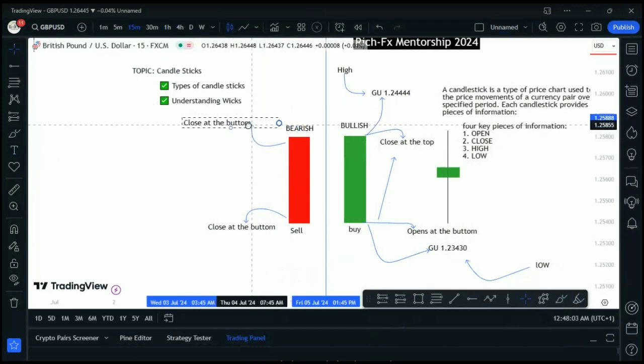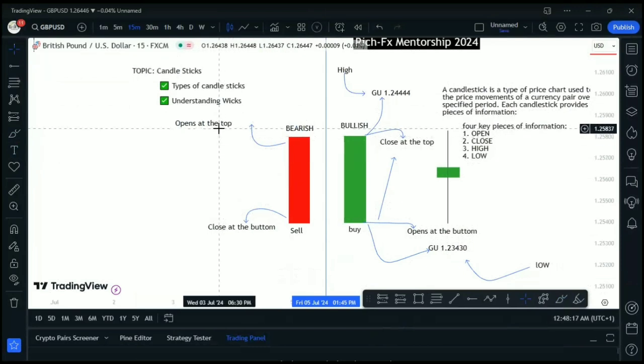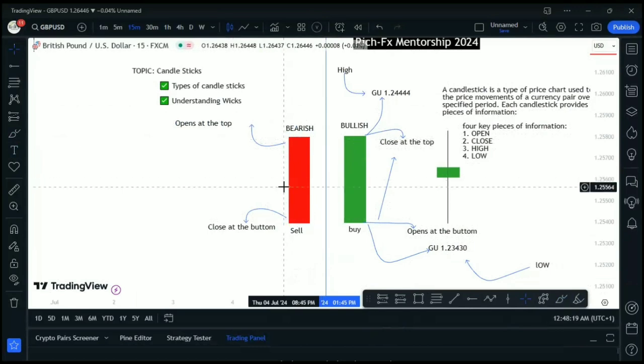Opens at the top. It opens at the top here, closes where? At the bottom here, the last full body candle.